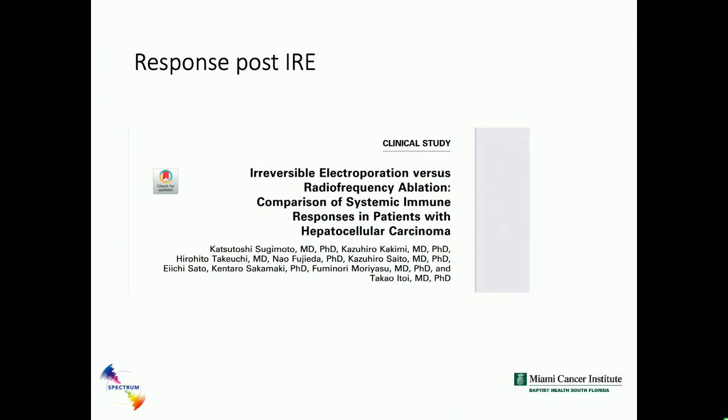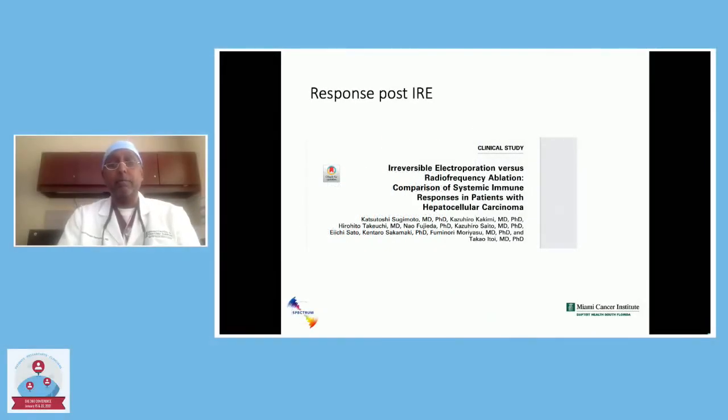One of the things that they found, which was really interesting, was that patients had a significant increase in the macrophage migration inhibition factor immediately after IRE, and they did not see that with radiofrequency ablation. They postulated that this increase could facilitate the early repair process and the shrinkage of the tumors post-ablation with IRE, and that's something we consistently see in the liver using this technology. So next slide, please.